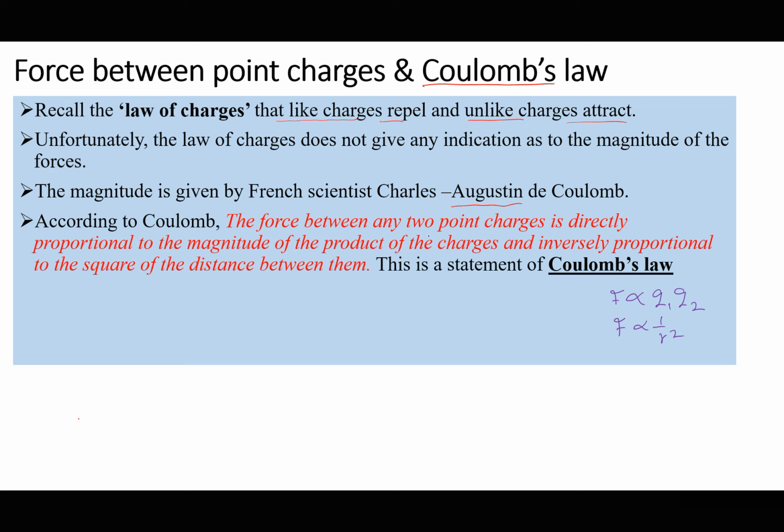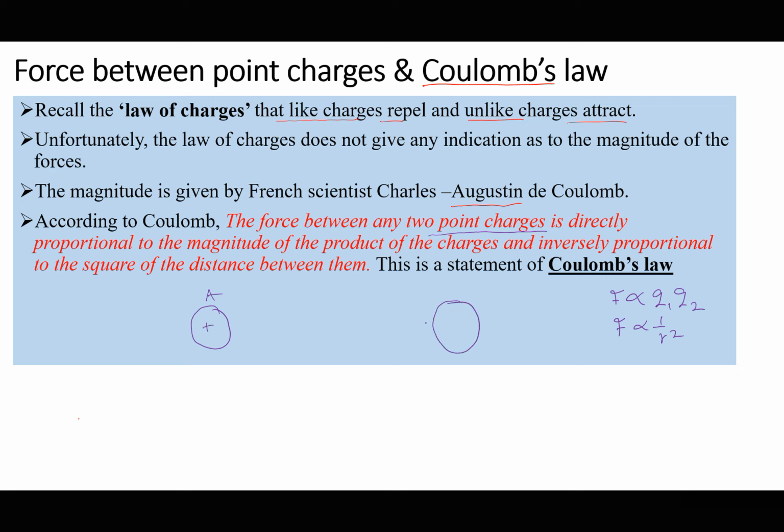Note that I'm considering point charges, although if it is a single charge which is spherical, it is considered to be a point charge because the field lines are radial and appear to originate from the center of the charge. If we have two charges, this is charge A and I have charge B somewhere here.